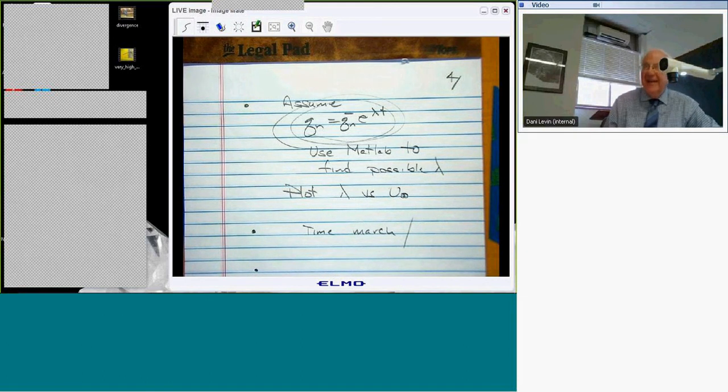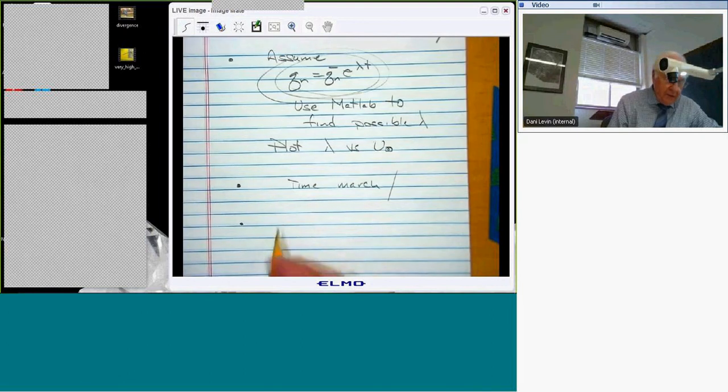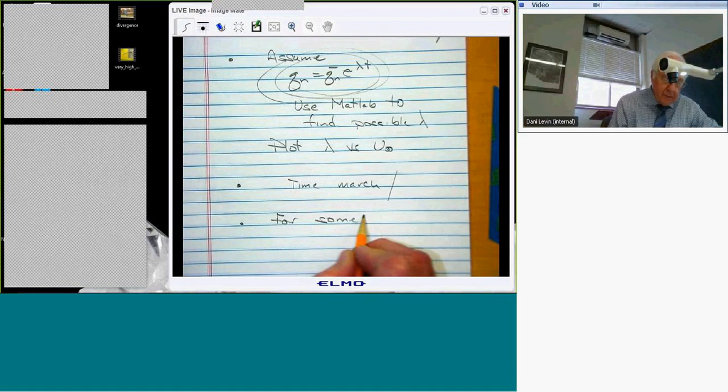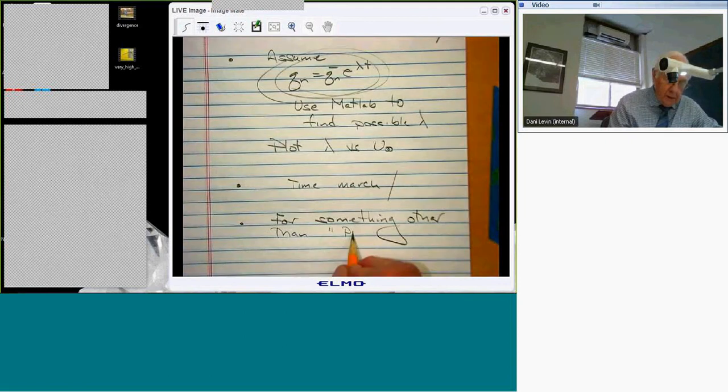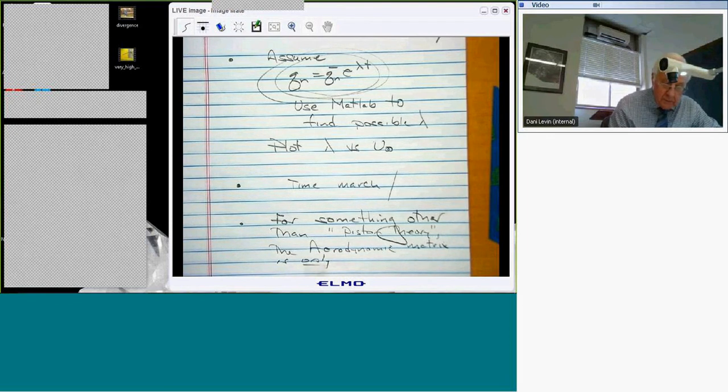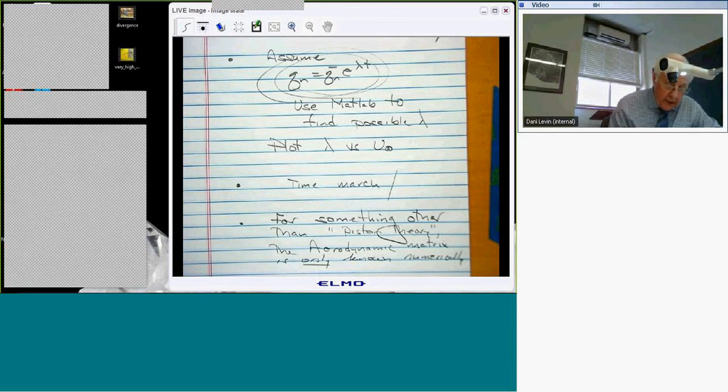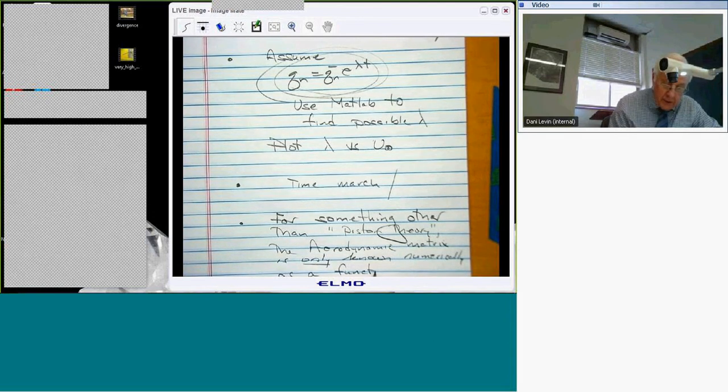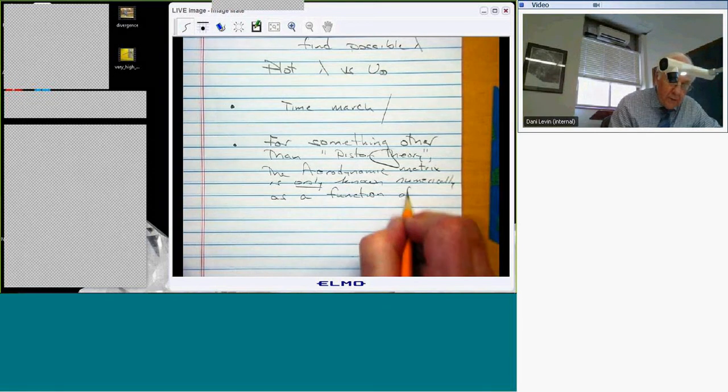If you're using something other than piston theory, the A matrix, that's the aerodynamic matrix, is only known numerically as a function of frequency, omega.